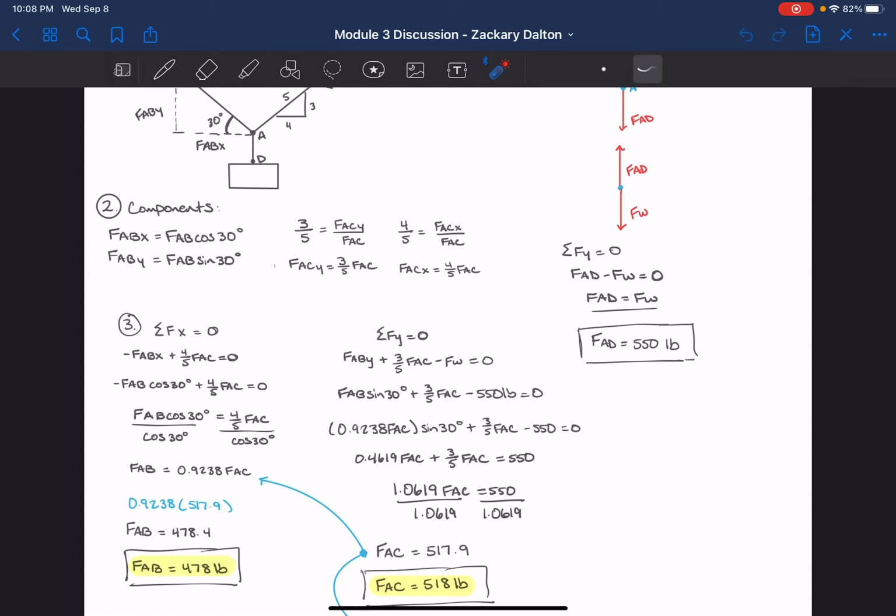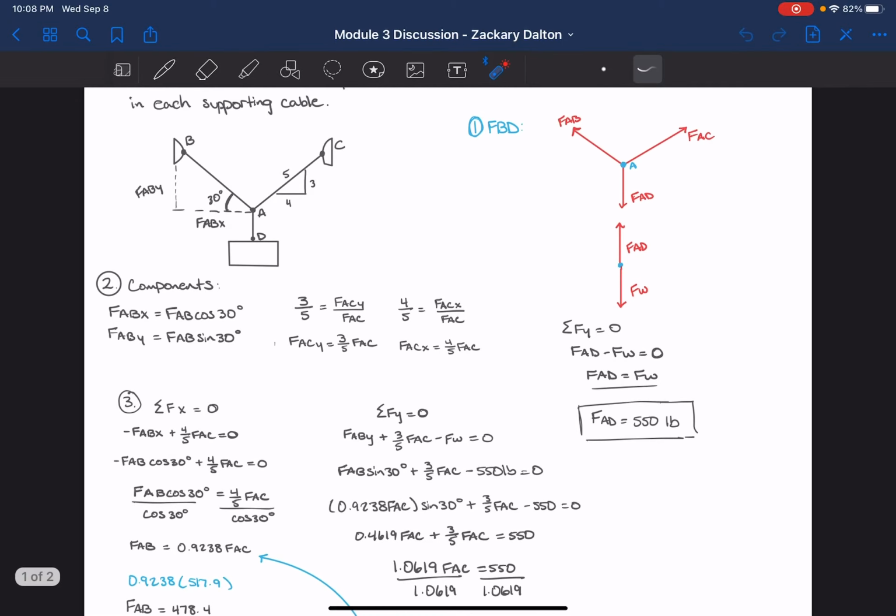So we're going to start with the forces in the X direction, because there are less values that you need to deal with. So first value you will plug in is your negative FABX, since it's going in the negative X direction, plus your 4/5 FAC here, since it's your other X component.